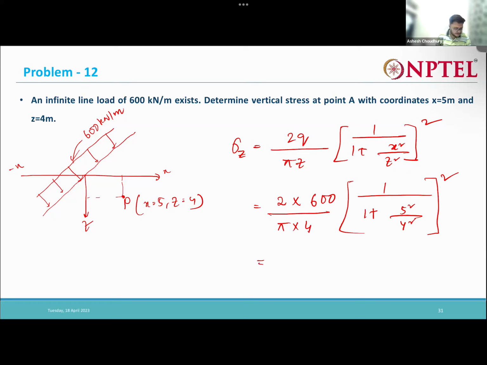Please calculate this. 14.54. So due to this line load at the point P, 14.54 kilonewton per meter square stress is developed.